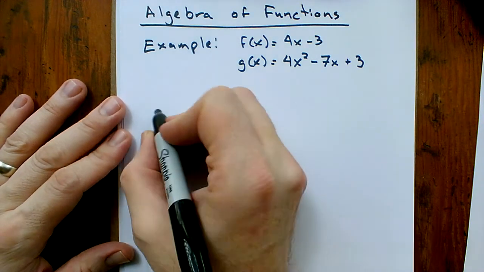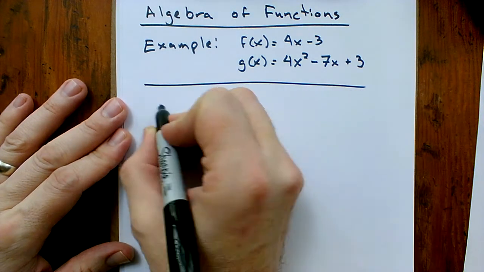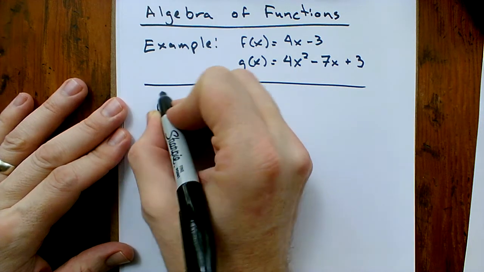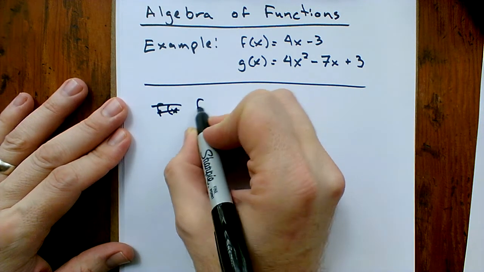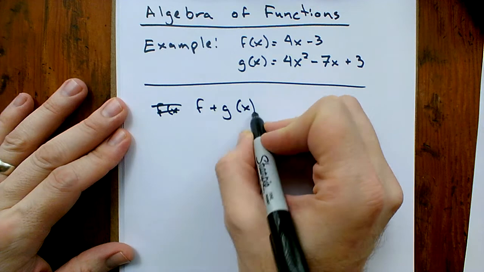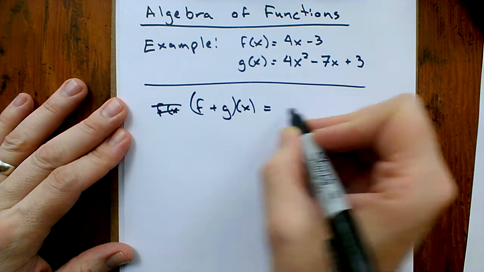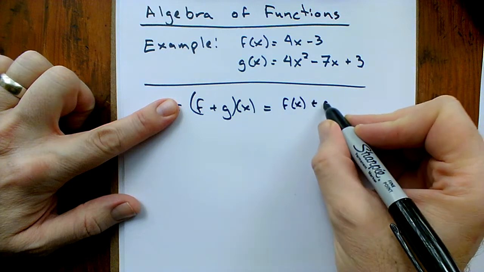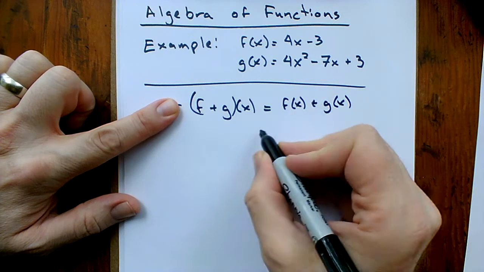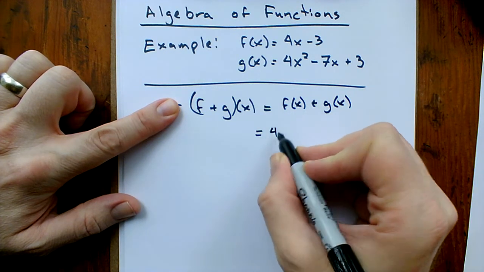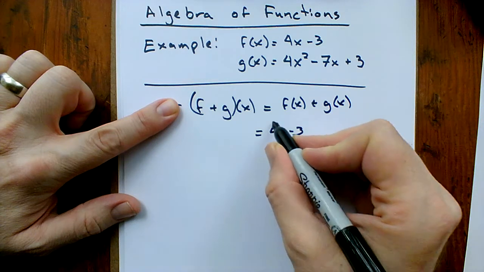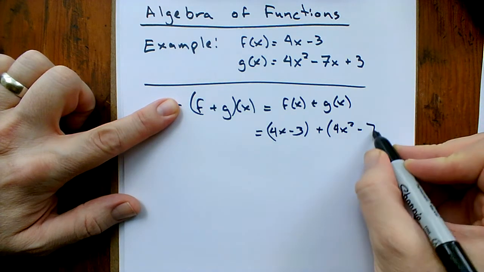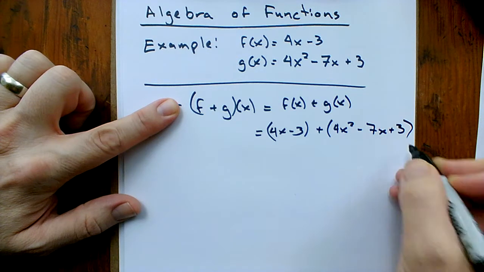So once again, if we are adding functions, I'm going to do this as f plus g of x, which is just this f of x plus g of x. That's going to be that 4x minus 3 plus that 4x squared minus 7x plus 3.